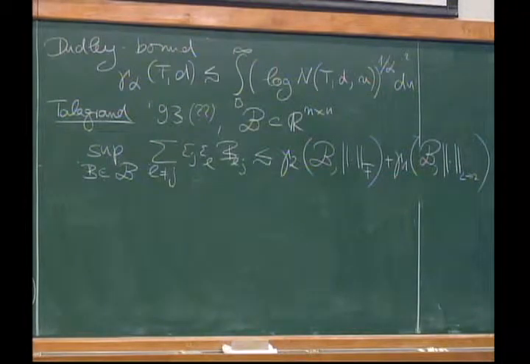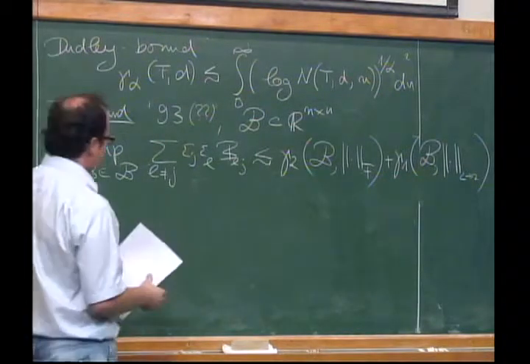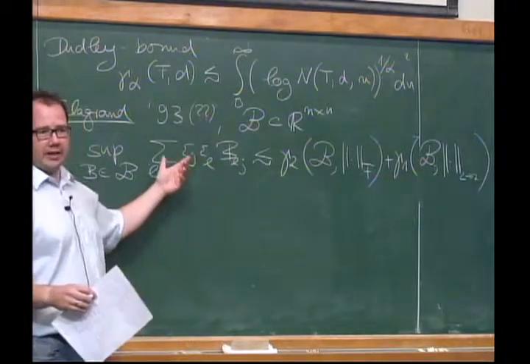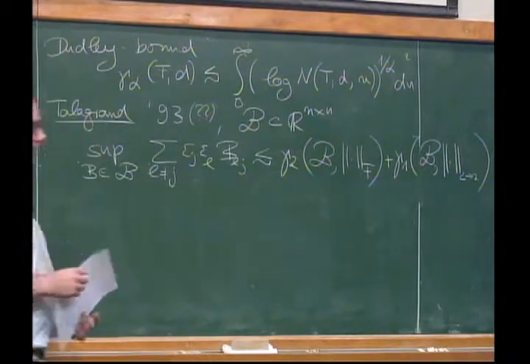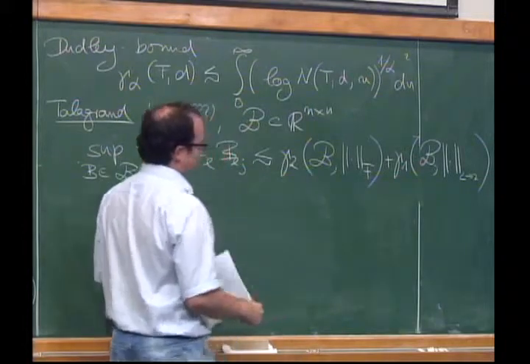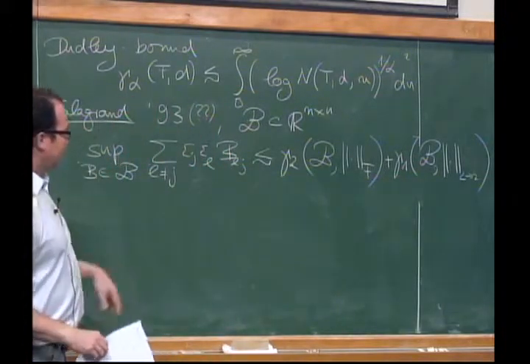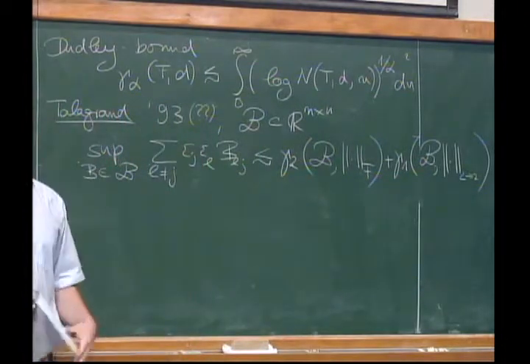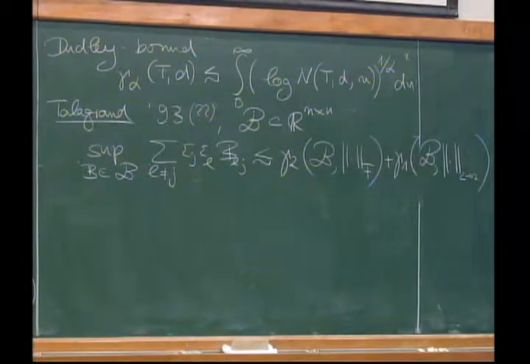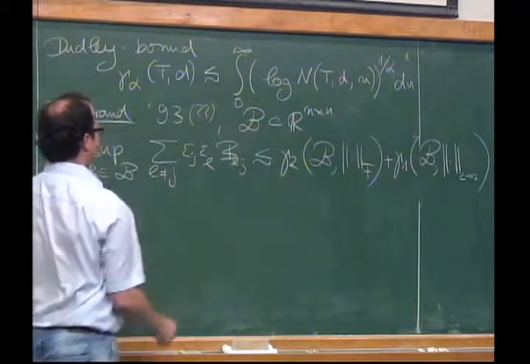For moderate deviations, you get a Gaussian behavior, and for large deviations, you get an exponential behavior. And this is basically how Talagrand proved this. He used this deviation result for this single thing here.